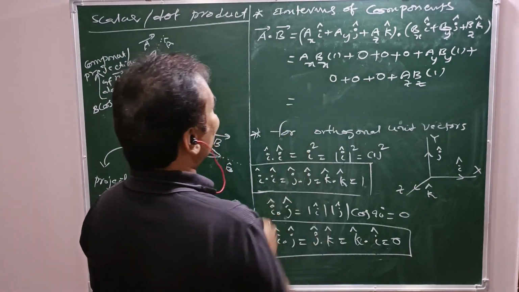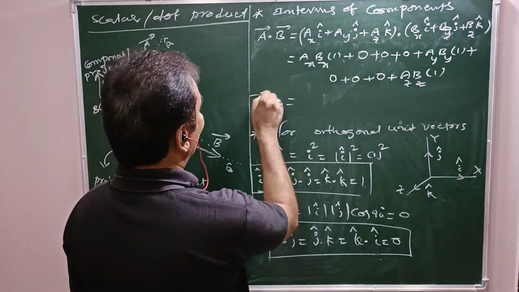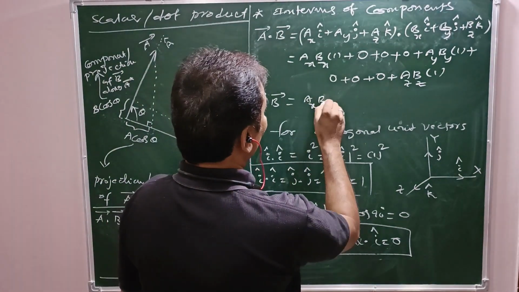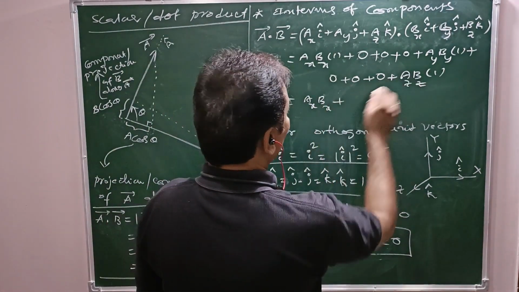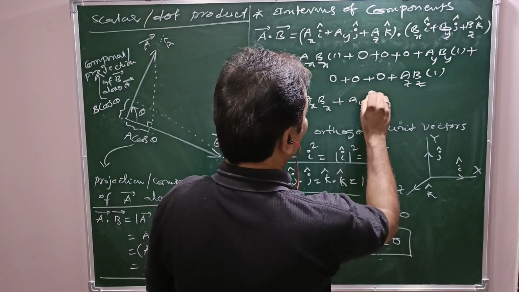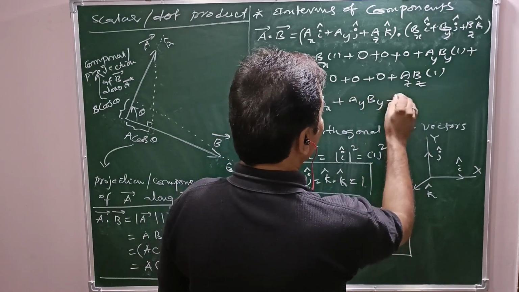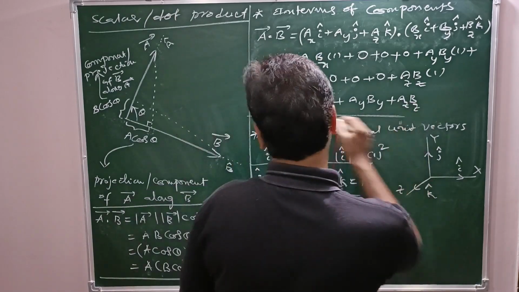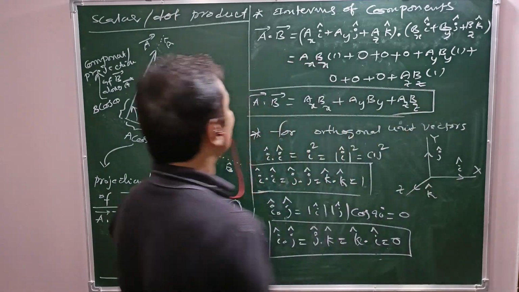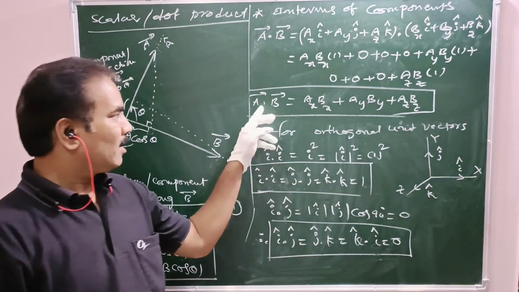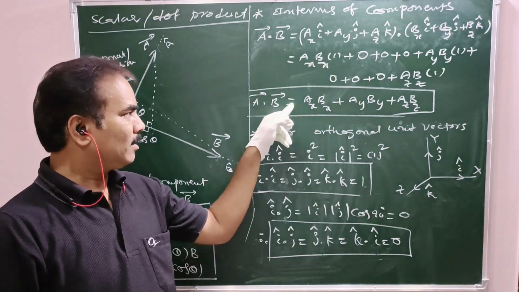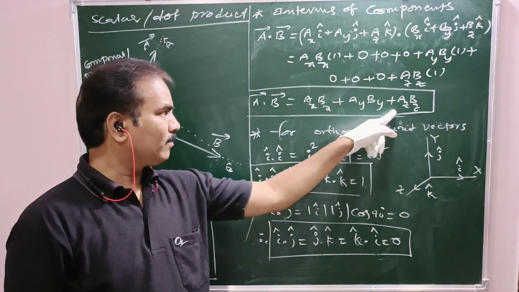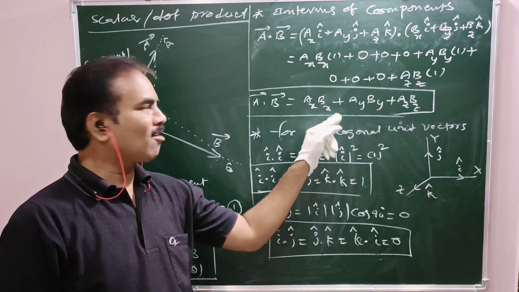Now, what is the ultimate result? a bar dot b bar can be written as ax bx plus ay by plus az bz. So this is the ultimate result. In terms of components, a bar dot b bar can be written as the sum of products of similar components.